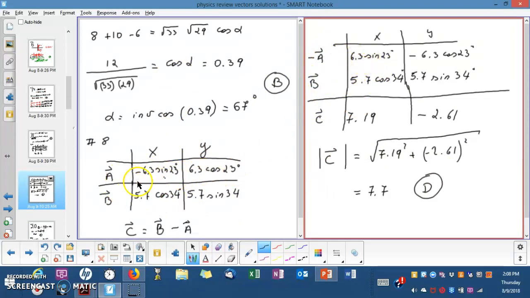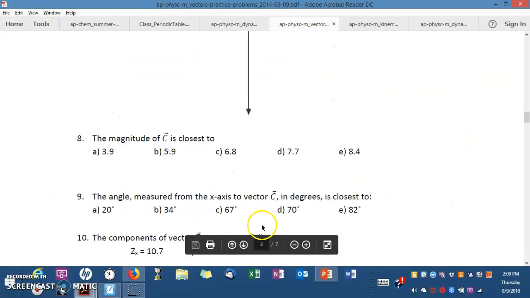So I have a positive instead of the negative, and negative instead of the positive, and basically at this point I add them up, because it's minus A plus B. So that's exactly what they are asking for, and you calculate at that point the magnitude of C, which is again square, square, and square rooted, and you find this answer here for number 8.